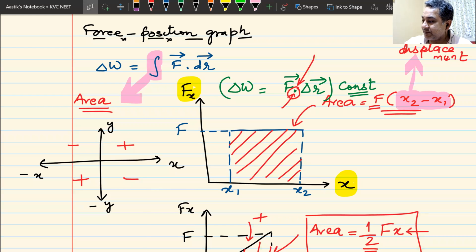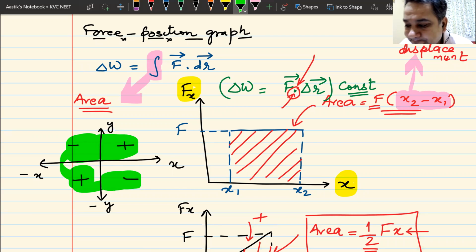Do you remember this? What I told you here? Yes or no? Do we remember this or no? Yes, sir. So in which quadrant that area lies? In which quadrant it lies, beta?